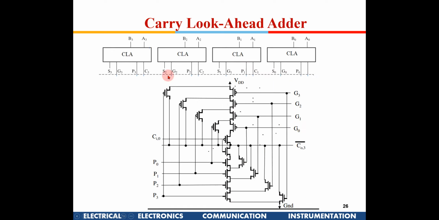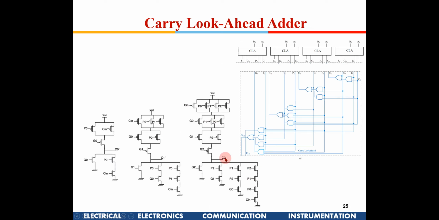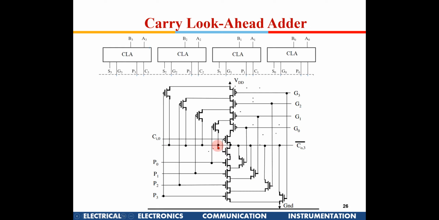This is for the last carry, C3. It can be implemented this way also, instead of having so many stacked transistors. So this also is one option of implementing it. Here if you see, if G3 is high, this transistor will be on and this node will be pulled to 0, and then you use one more inverter to get the correct carry.